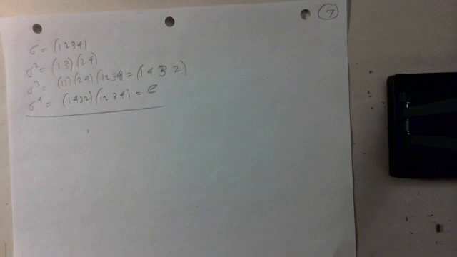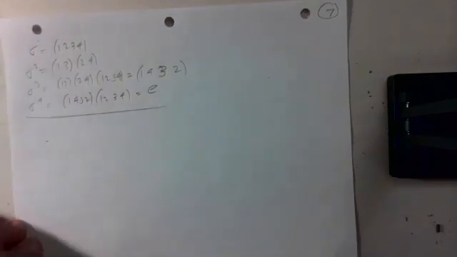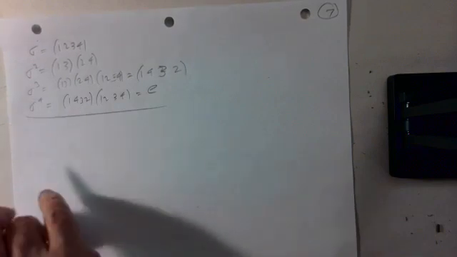But I was wondering if that is actually true. How do you prove that any sigma to the k is equal to the identity if it's a k-cycle? Oh, okay. So how do you prove that?